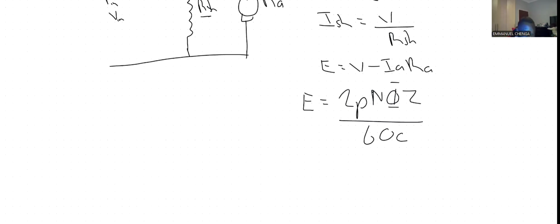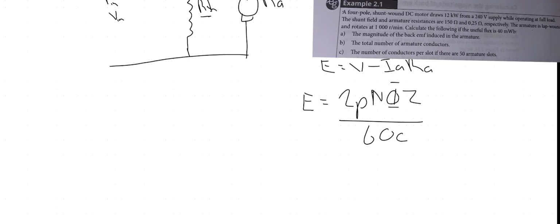All right, I'll just read the question that I have, then we'll draw the type of circuit and try to answer. I'll also share the question on the screen. They're saying a 4-pole shunt wound DC motor draws 12 kilowatts from 240 volts. You're given the number of poles, 4, and you divide by 2, which is equal to 2 pole pairs.